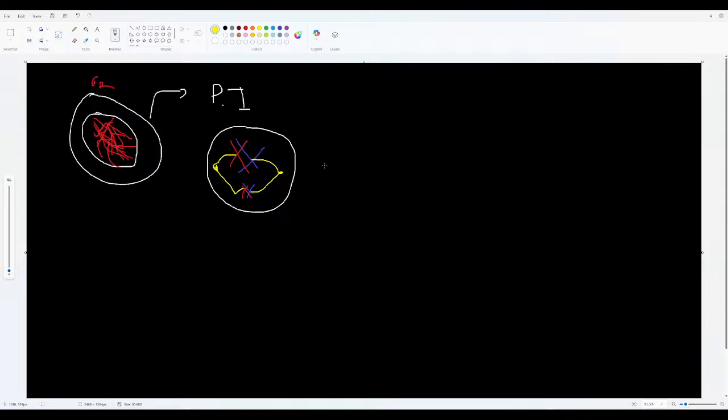So basically, what's happening at this intersection point? Well, let's look closer. At these intersection points, this is known as crossing over. Crossing over is when 2 chromosomes interchange genetic information.